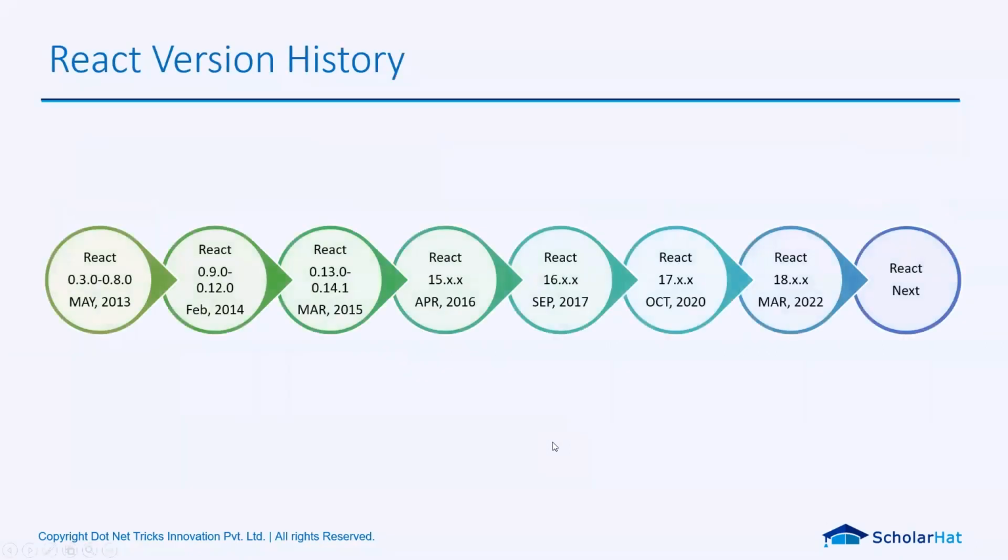This is the React.js version history. It was first introduced in 2013, and initially they came with minor releases. You can see it starting from 0.3.0. Then by February 2014 we had 0.12, and in 2015 we had 0.14.